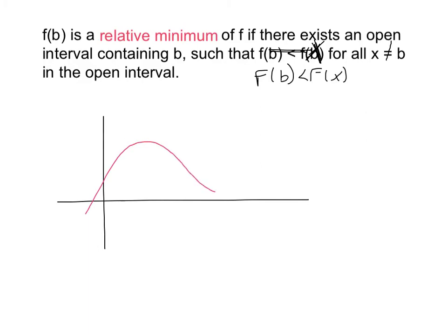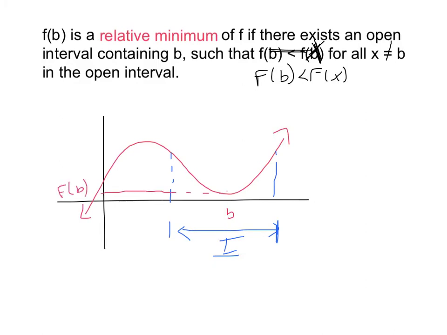So if we go with the same shape of graph here, we'll piece out some open interval I. So there's our open interval I. All we're saying is that somewhere in here is this value of b, which means as we come across, we'd have f of b right here.